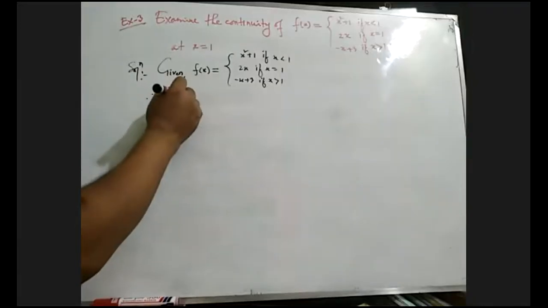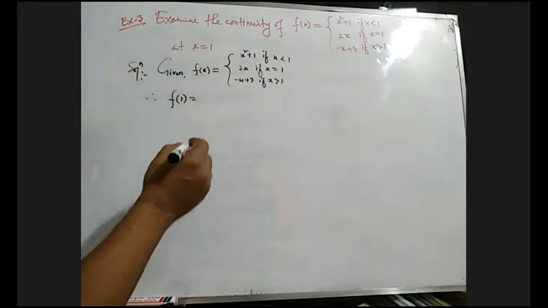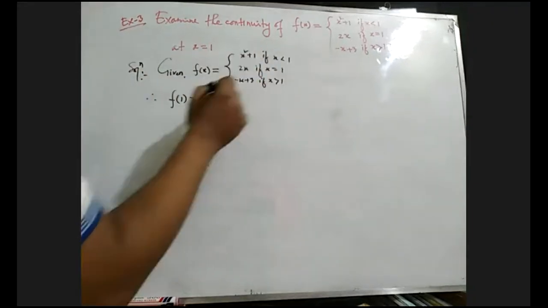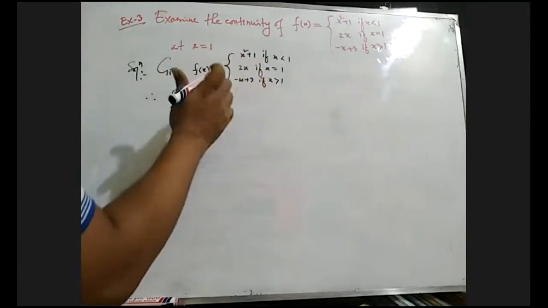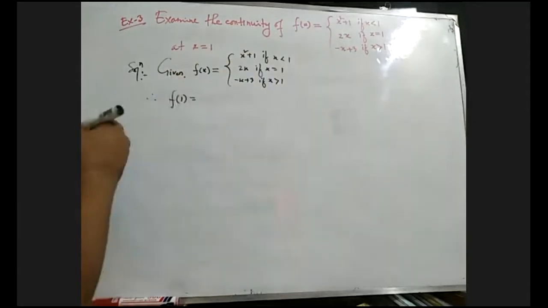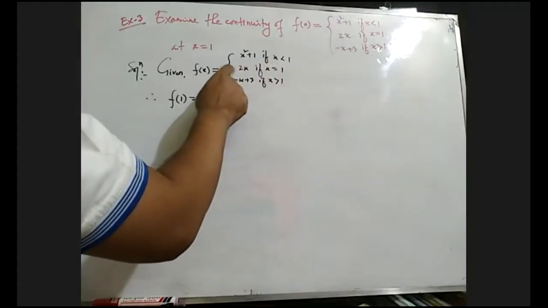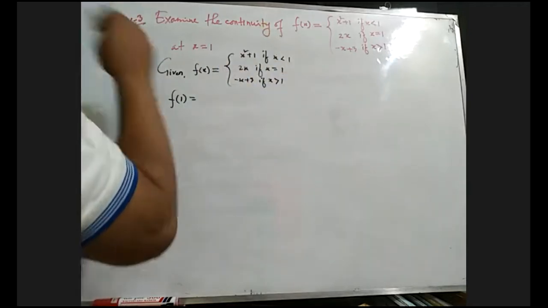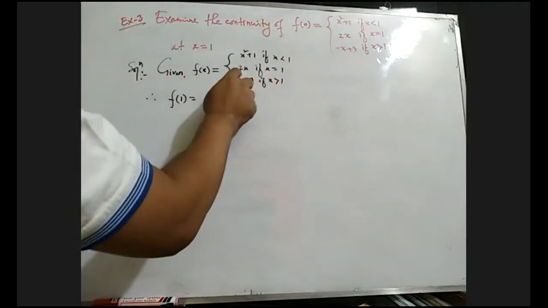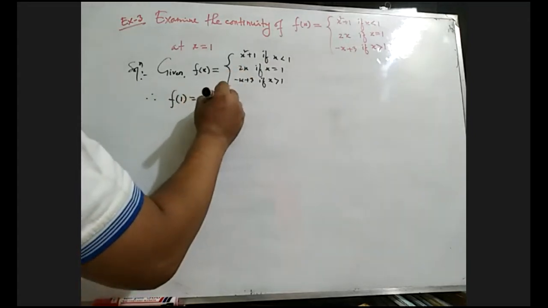From here, f of 1 equals what? We have to find continuity at x equals 1. In which function do we have x equals 1? This is a piecewise function, so x equals 1 is in the second function, twice x. So 2 into 1 equals 2.